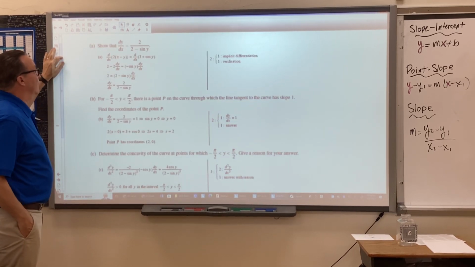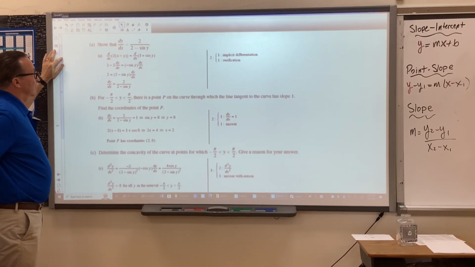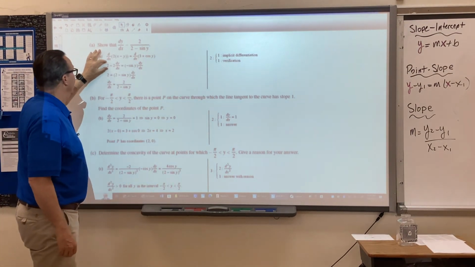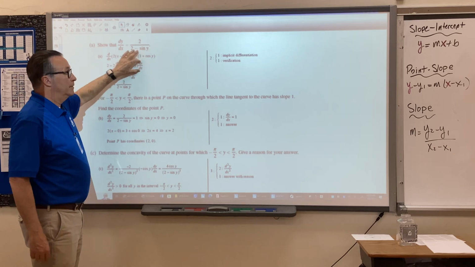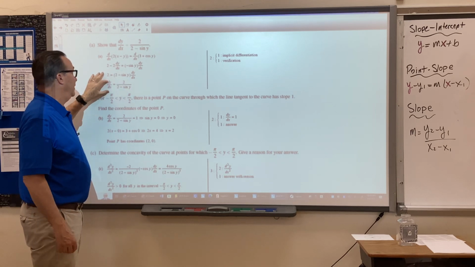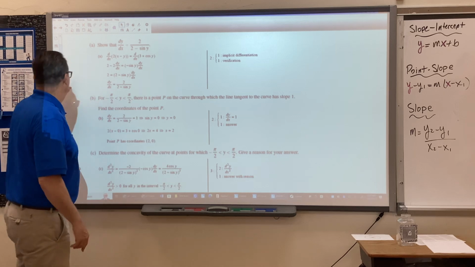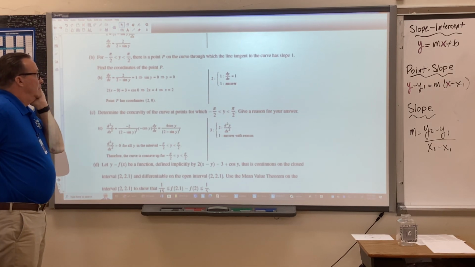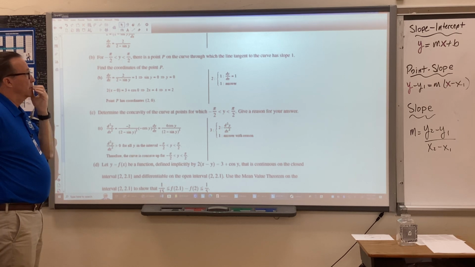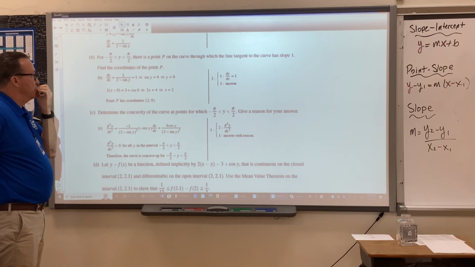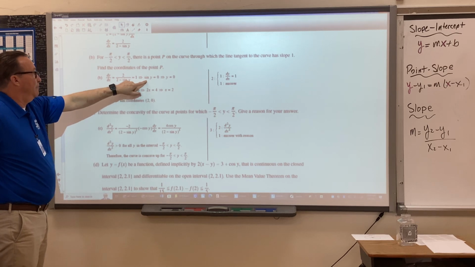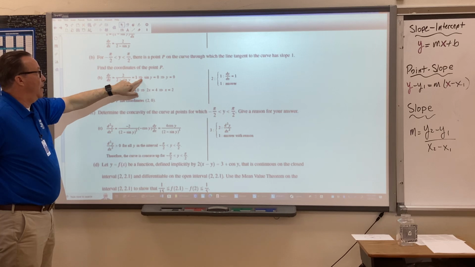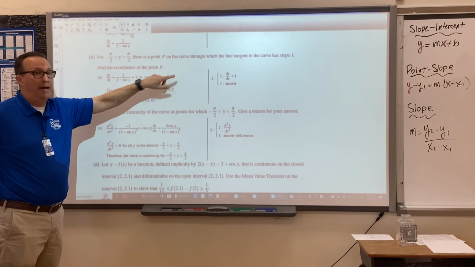Well, let's check everything else. Right? Implicit differentiation, so 1 point for this next step. And then 1 point for the final verification, solving for dy/dx. Everything's the same, right? If we set this equal to 1, sine of y is 0, y has to be 0.